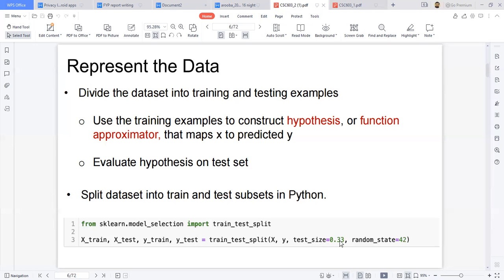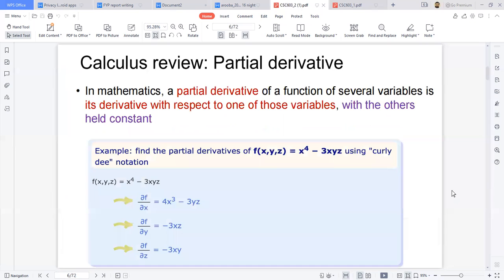If you give 0.2, it means 20% testing and the rest, 80%, is training. If you give 0.1, it means 10% for testing and 90% for training. It's easy.